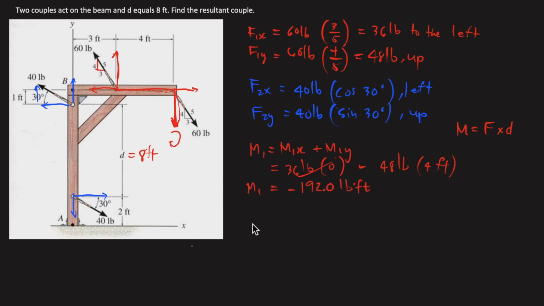Now let's look for M2. Similarly, M2 is M2x plus M2y. For M2x, we will look at F2x here, which is 40 pounds cosine 30 to the left. So this is 40 pounds and then cosine 30 degrees.